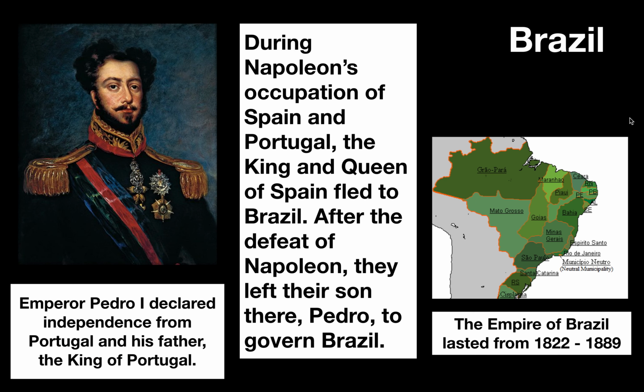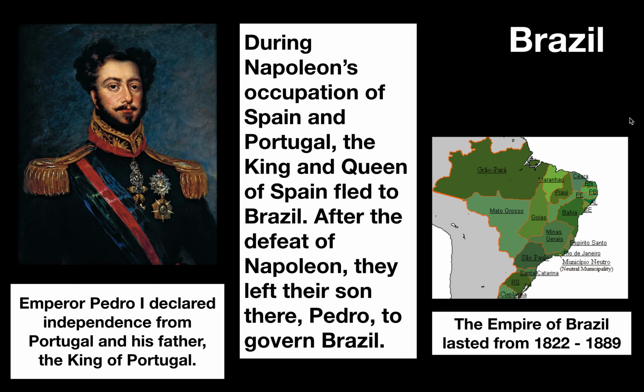And then Brazil is kind of unique in that while all the others in South America and Mexico mostly become independent through war, Brazil is a little different. The king and queen of Portugal flee to Brazil while Napoleon is ransacking Europe.